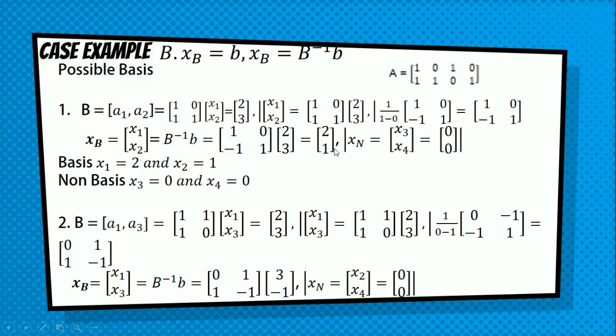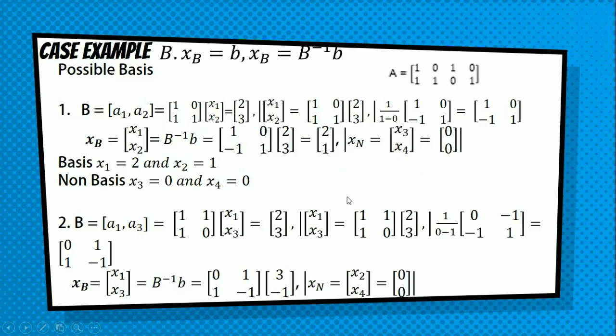We have the result 2 and 1. So from this result, we know the basis x1 is 2 and x2 is 1, and the rest is non-basis.